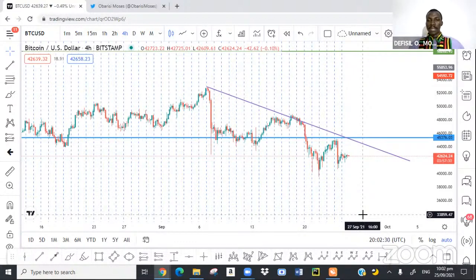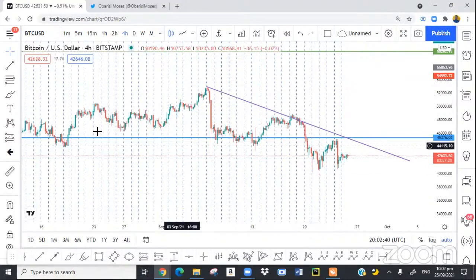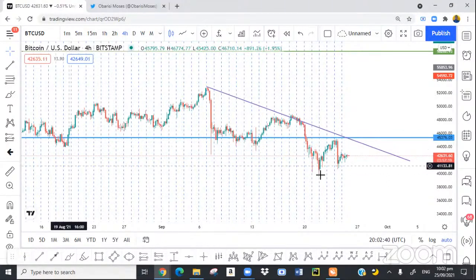However, some level of reversal is happening, considering this little area over here.